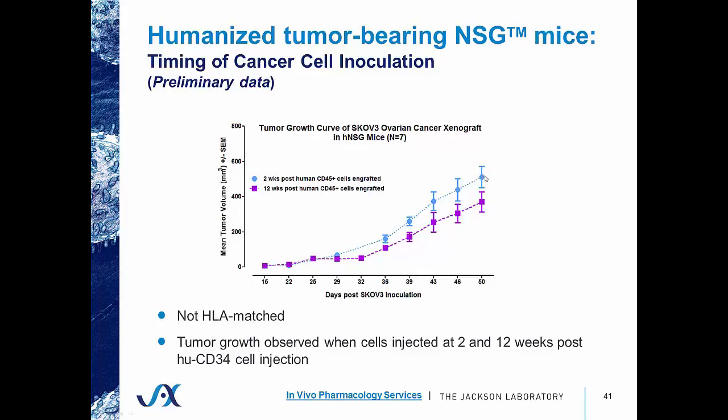At 2 weeks post-human immune cell engraftment, tumor growth seems to be a little bit higher, but we have to repeat these experiments to see if that will repeat. In general, this demonstrates that these cancer cell lines can engraft even in the presence of a human immune system that's not HLA matched.